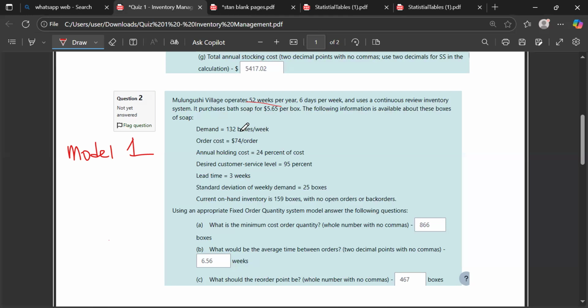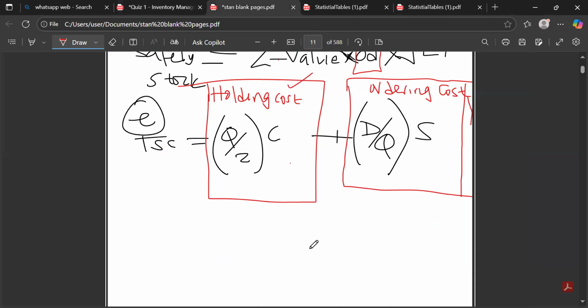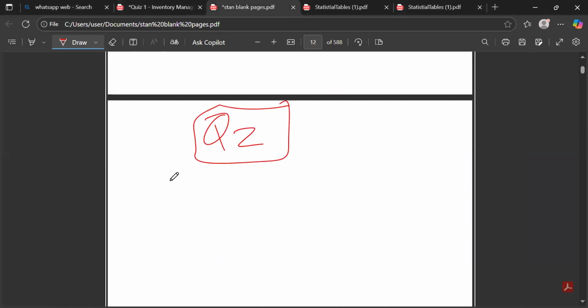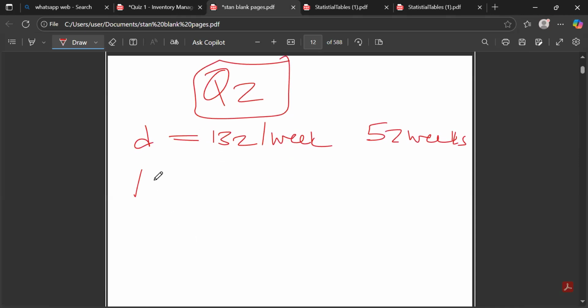Service level is 95%. Lead time is 3. Standard deviation of demand is 25. So as a summary, for question 2 the weekly demand is 132 per week, and we have 52 weeks. We can find our annual demand, which is 132 multiplied by 52.